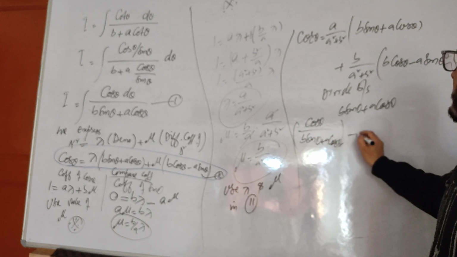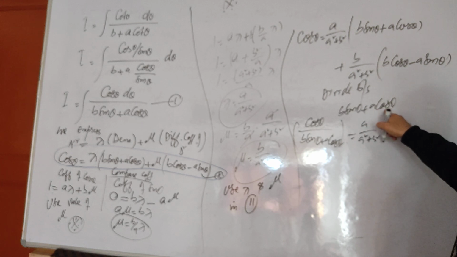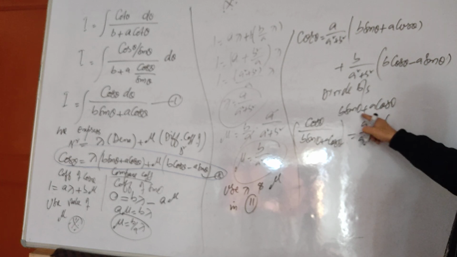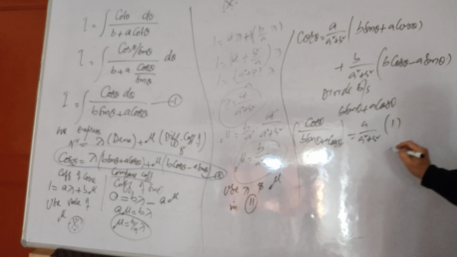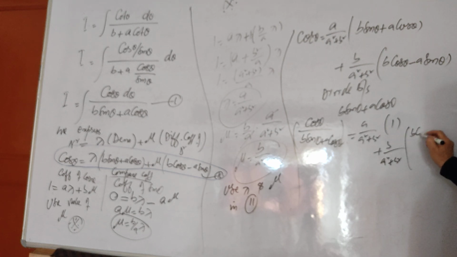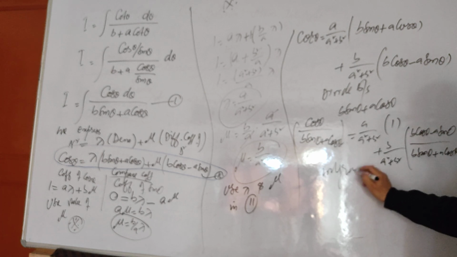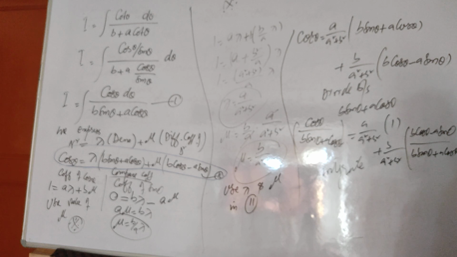When you divide, on the left it is cos theta by b sin theta plus a cos theta. On the right, a by a square plus b square times b sin theta plus a cos theta over itself, which is 1, and plus b by a square plus b square times b cos theta minus a sin theta by b sin theta plus a cos theta. Then you integrate with respect to theta on both sides.